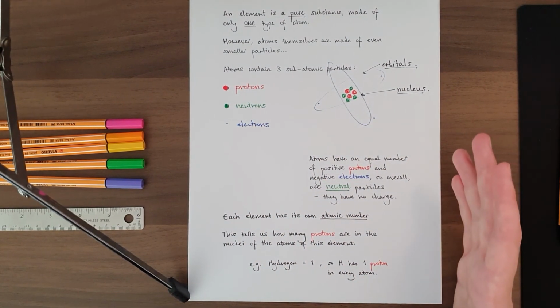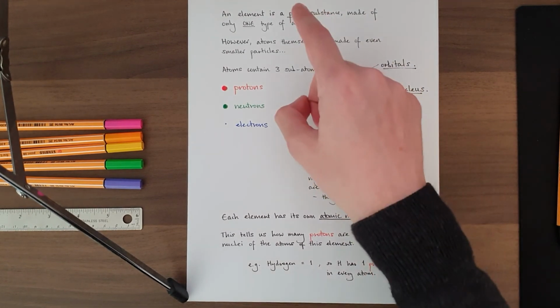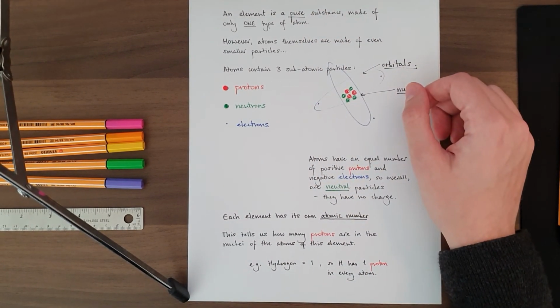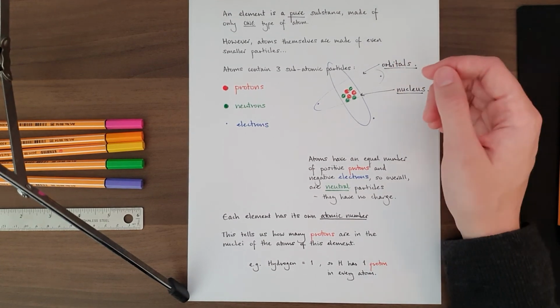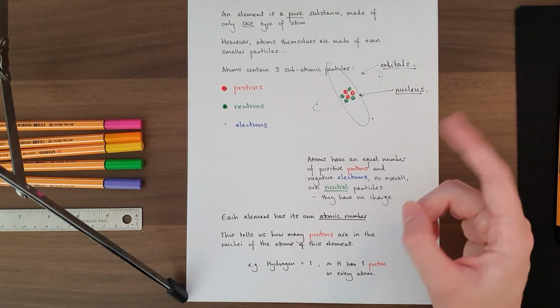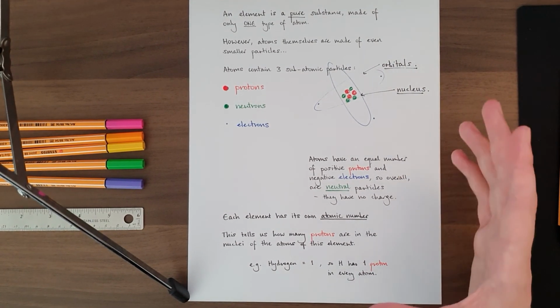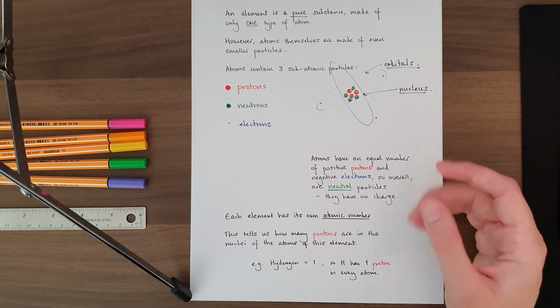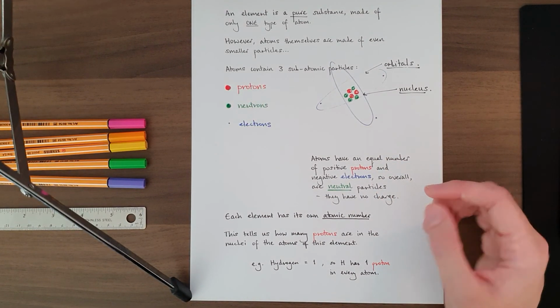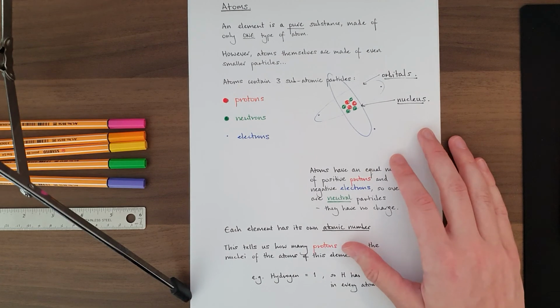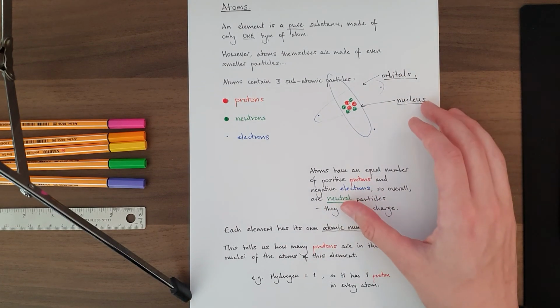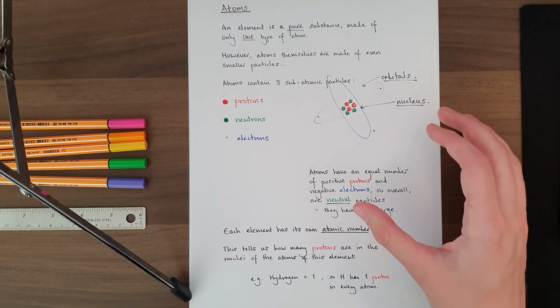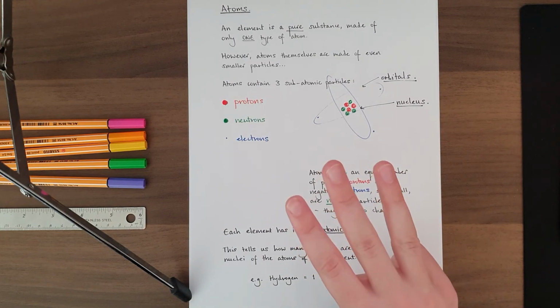So what have we learned here? We need to know that atoms are what make up elements, which are pure substances. They only contain one type of atom. And even though we think of them as the tiniest building blocks for all the elements in the universe, there are littler parts, there are smaller parts within the atom called subatomic particles. There's 3 of them.